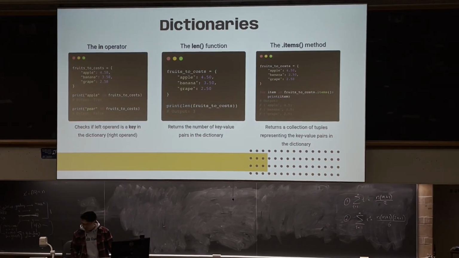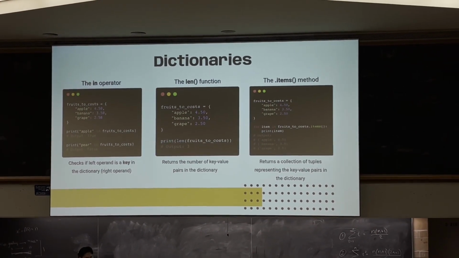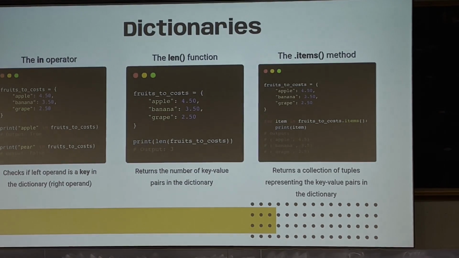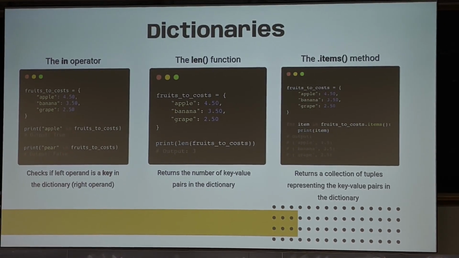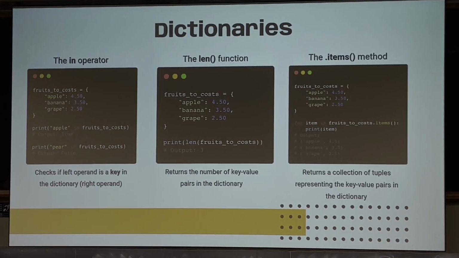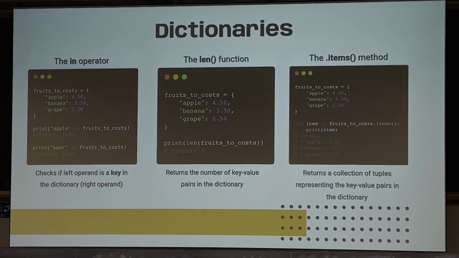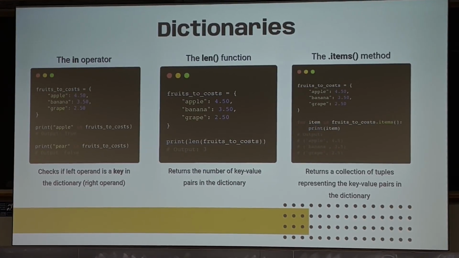So some of the operators and functions we have in here. We have the in operator. You probably have seen the in operator when using for loops, because you'll have, for example, a for each loop, and that's what it's formally called. For example, for element in a list, that's where you use the in.